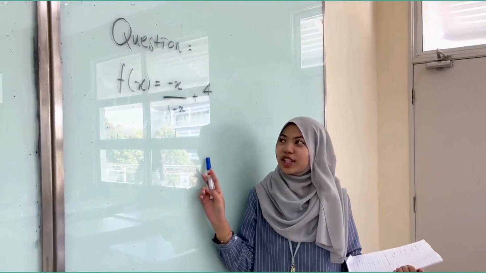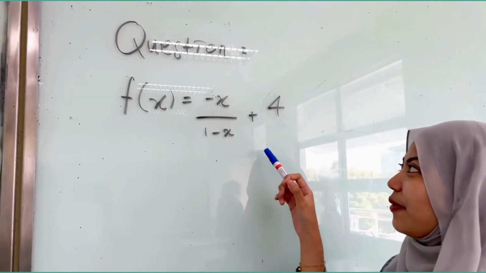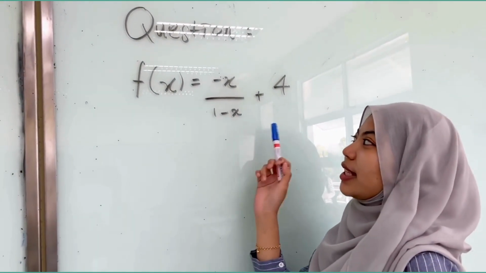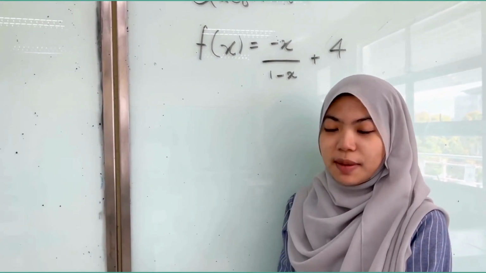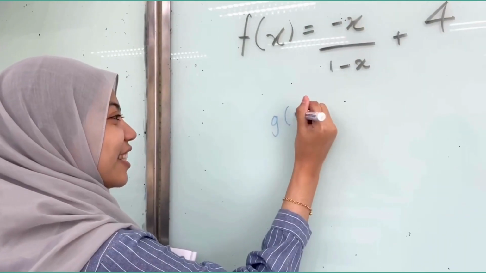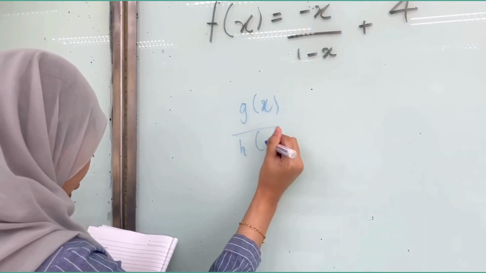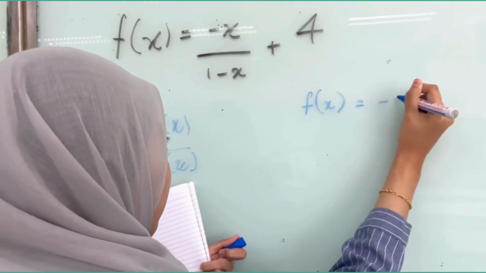Let's move to the equation. For the equation, we have f(x) equal to negative x over 1 minus x plus 4. Firstly, we have to find the x-intercept and y-intercept first. So first, we have to make it as g(x) over h(x).